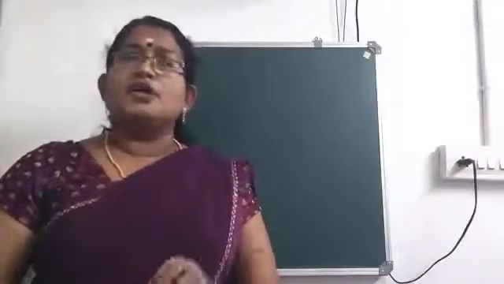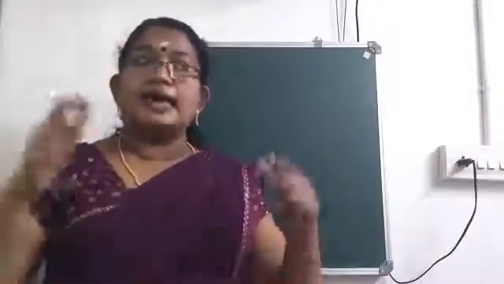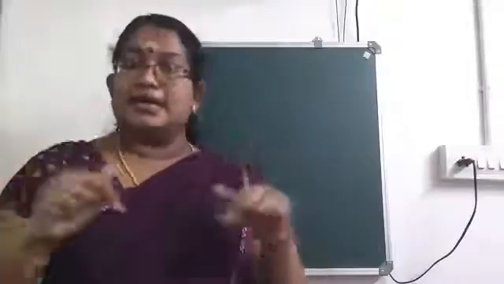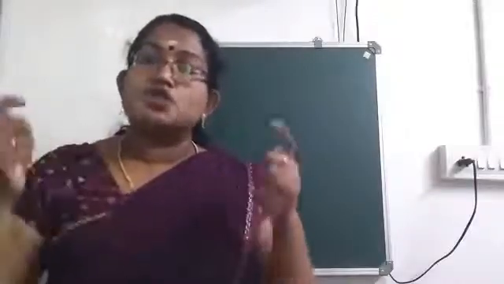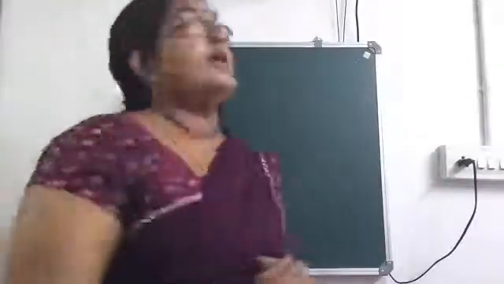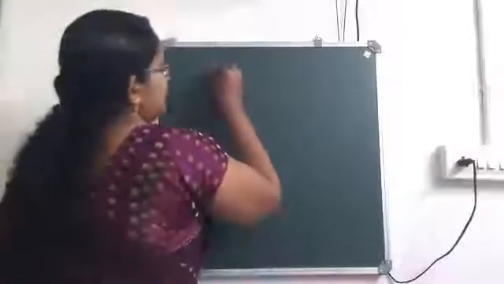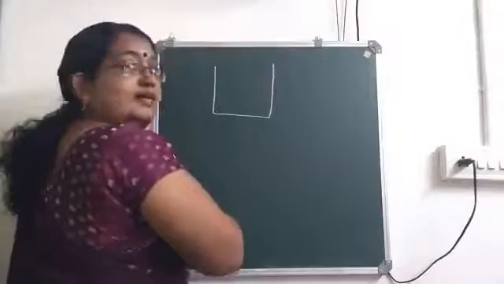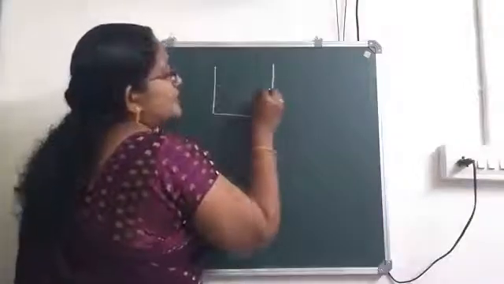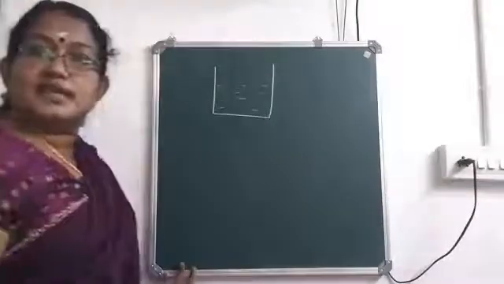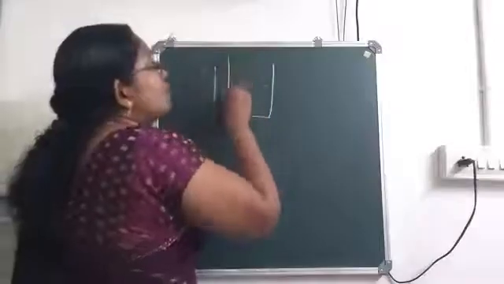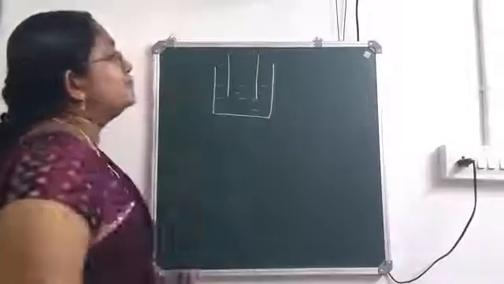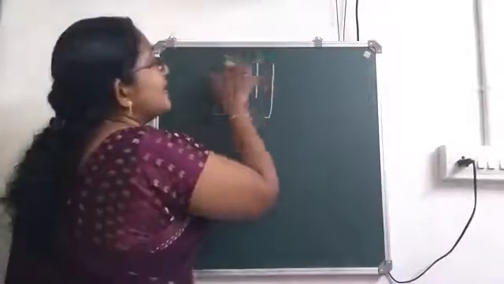Now, a cell consists of a beaker, and in that two electrodes are dipped in an electrolyte. So let this be a cell. We will have the beaker, and inside that the electrolyte is there, and then two electrodes will be dipped in the electrolyte.